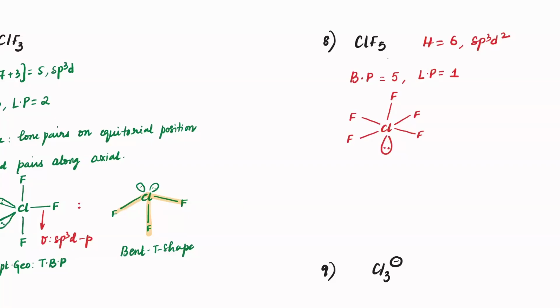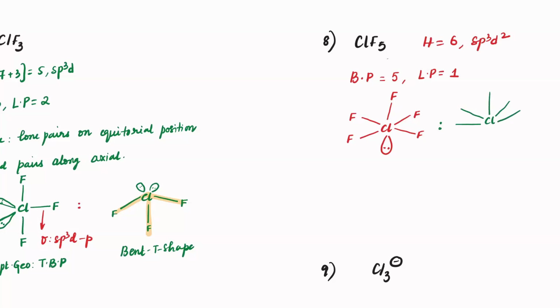Clear? So what is the shape you will get? Because this lone pair will push it from the down here, so it will have slight bent over here. So it will not exactly be planar.